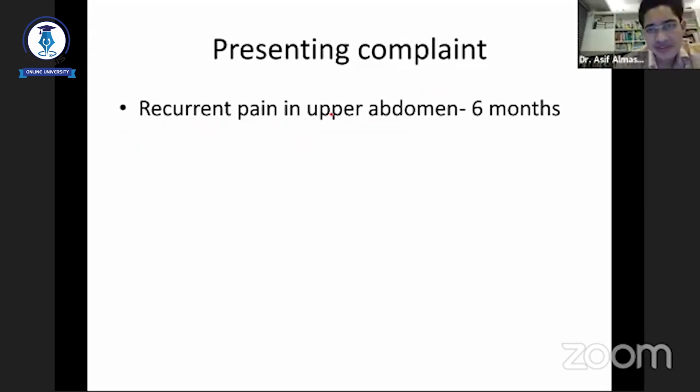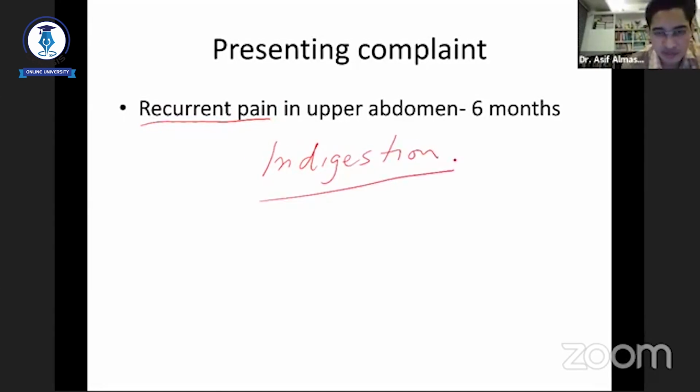What can be some of the presenting complaints? Now, there's a bit of confusion. Sometimes the only complaint is the recurrent pain in the upper abdomen, which is actually the commonest complaint. And I also see a lot of patients coming to us with indigestion, or in the more medical term, dyspepsia, right?